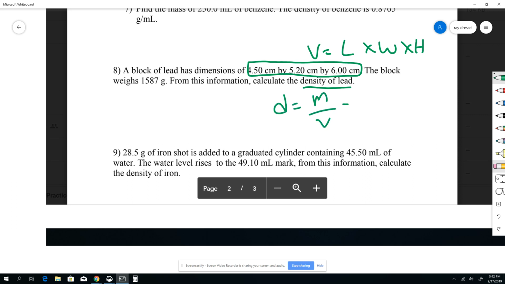In this case, it's going to be 1,587 grams over 4.5 times 5.2 times 6.0, and that's going to give you a final answer of 11.3 grams per milliliter.